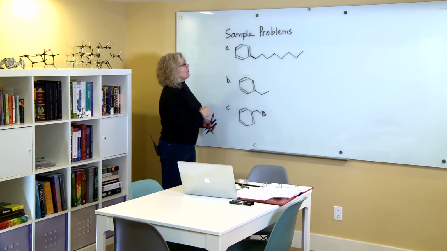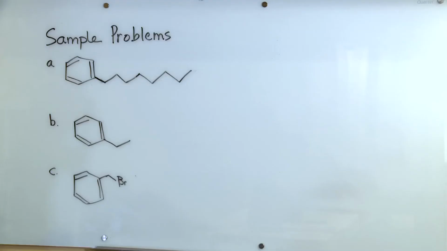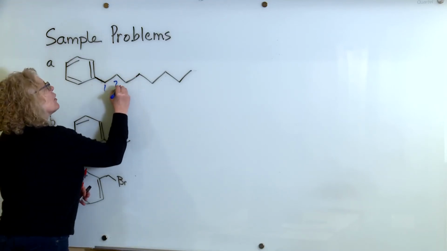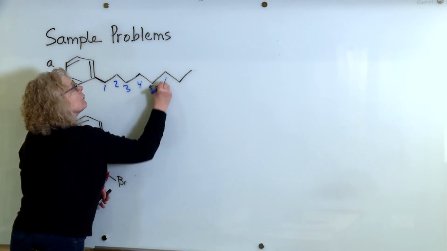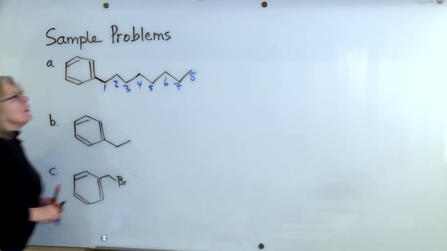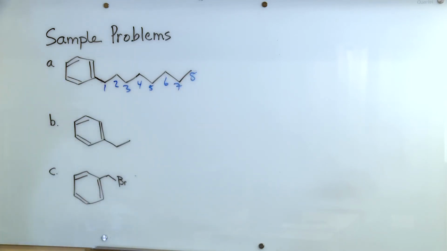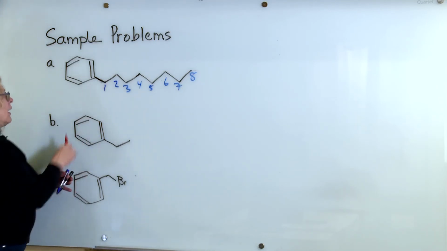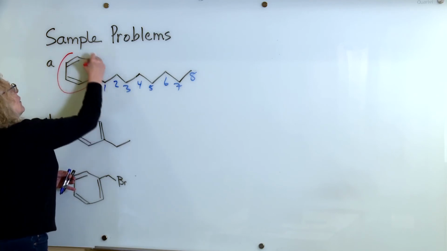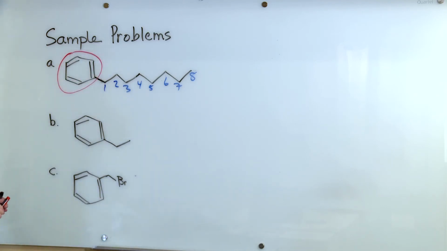Okay, the first problem illustrates one of the cases when you would use phenyl. So we have a long 8-carbon chain, and the benzene ring that's attached to it has only 6 carbons. So the alkane chain becomes the parent, and we have the phenyl substituent on it.